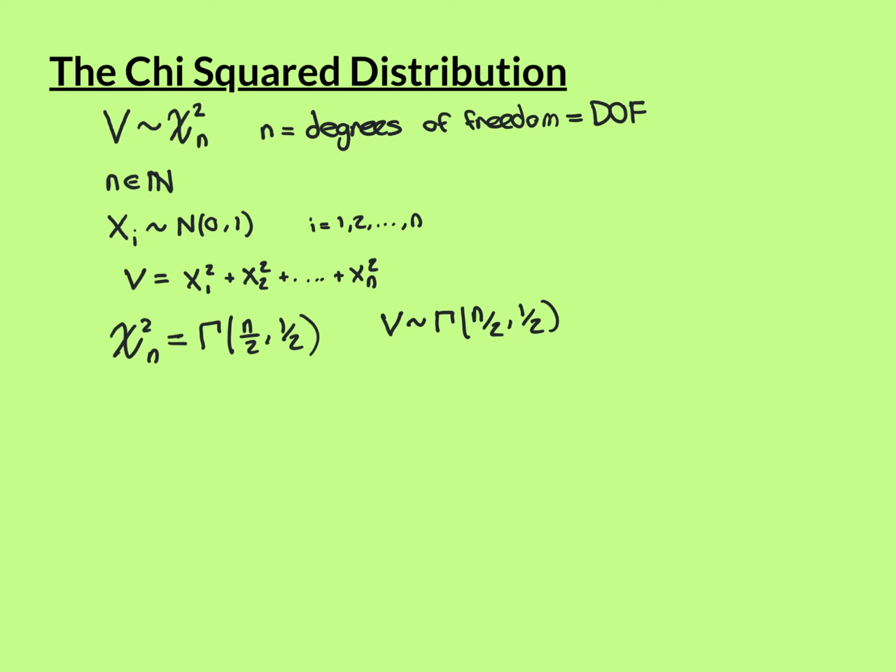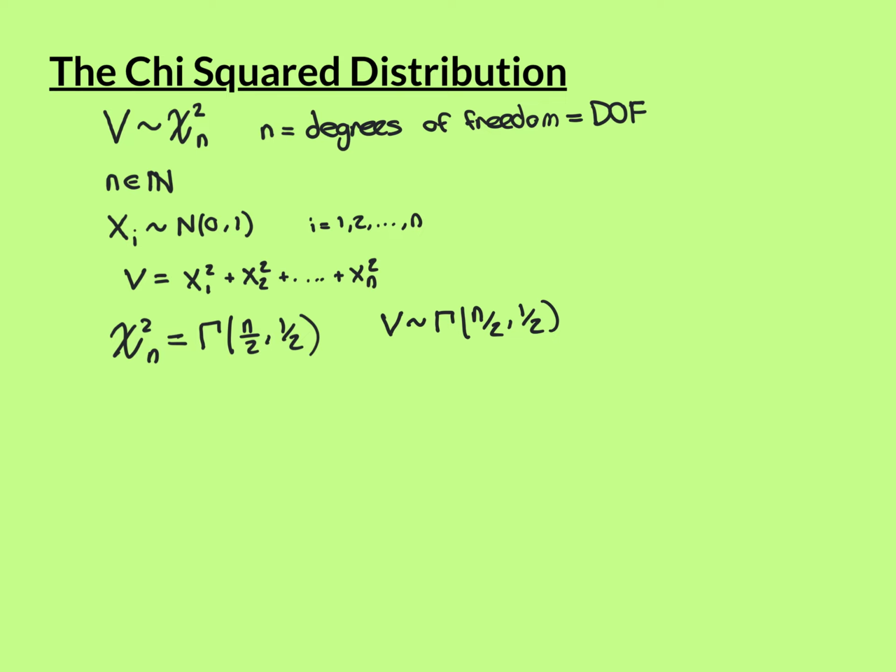So the rest of this video now is going to be devoted to trying to find the PDF of the chi-square distribution with n degrees of freedom. And what we're going to find out is that the chi-square distributions are special cases of the gamma distribution. So chi-square distributed with n degrees of freedom is actually the same distribution.